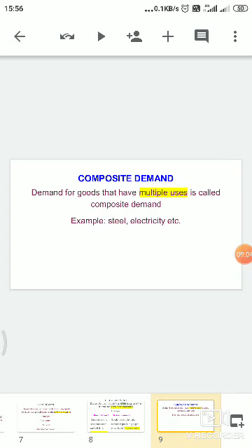It can be used to make coolers, cars, the bodies of the bus, etc. So, the demand for steel is called composite demand. You can take another example. Say milk. Milk is used to make tea, coffee, milkshakes, curd, paneer. So, the demand for milk becomes a composite demand.